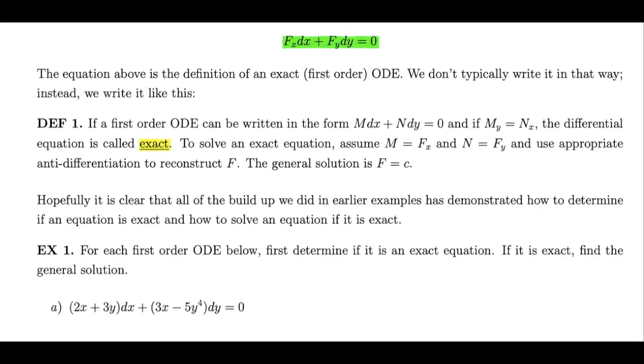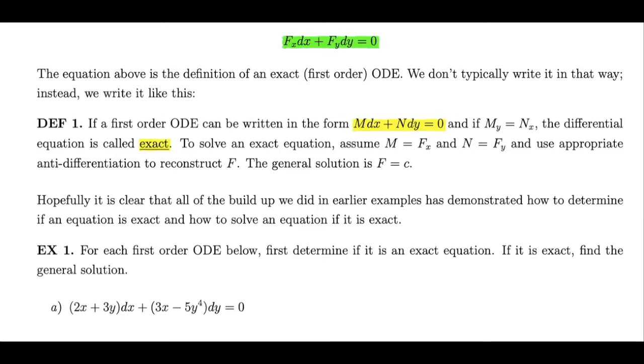The form that it must have, as we just pointed out, is some expression times dx plus some expression times dy equal to 0, where the dx and the dy are generated by separating the first derivative term dy/dx. So that first requirement is pretty easy to check because we just have to see if the equation can be algebraically manipulated to have that structure.